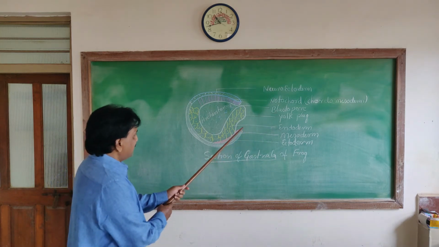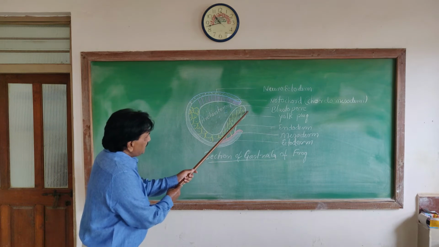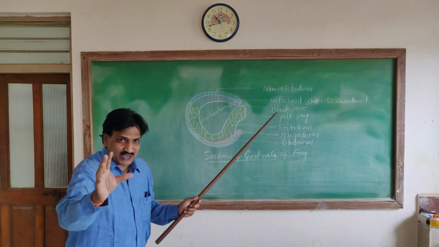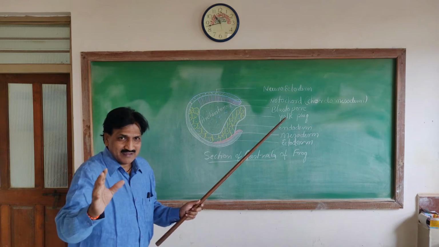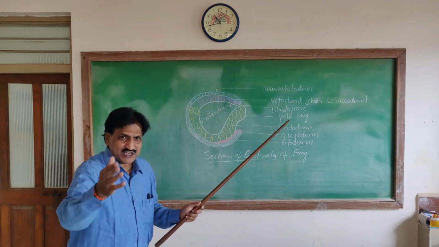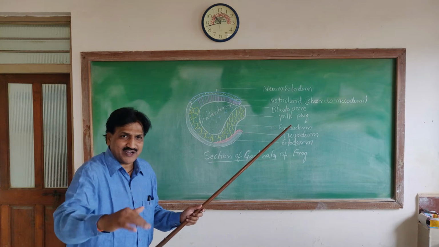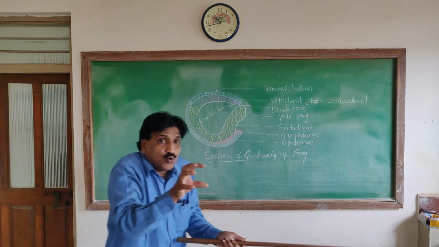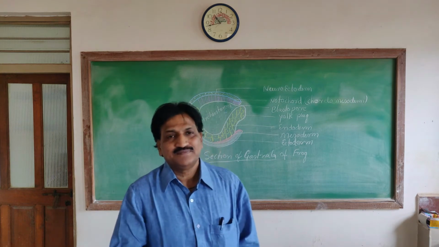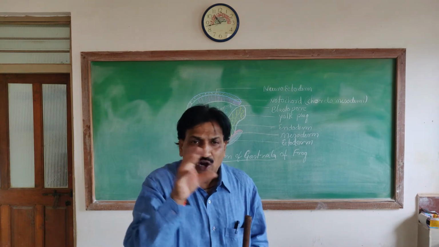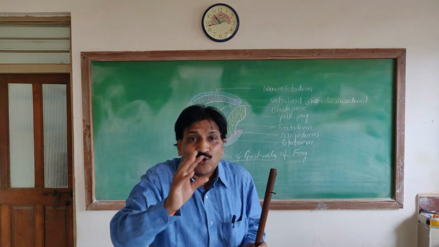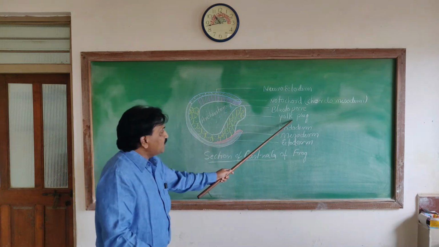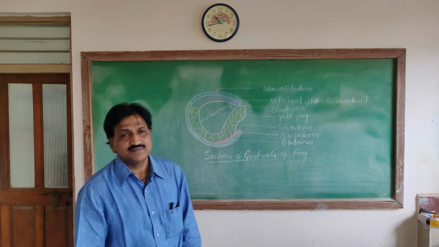Okay, now here some of the endodermal cells, that means after the invagination of macromeres, they convert into endoderm. Some of the endoderm cells protrude outside and gather around the blastopore in the form of a plug, and that plug is called the yolk plug.